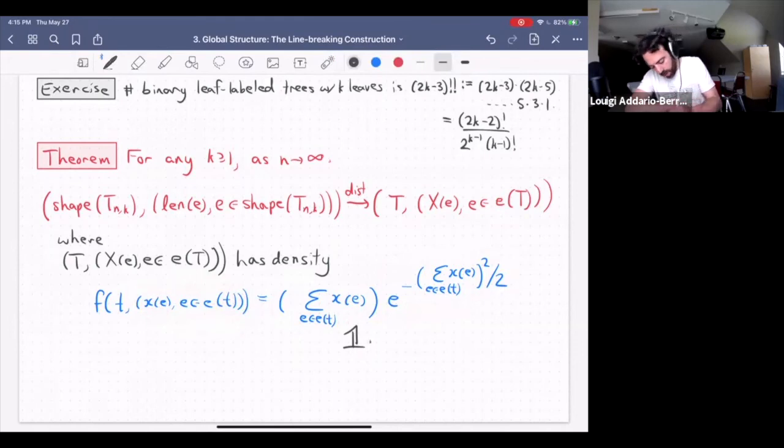But then the density only gives positive measure to trees which are binary with k leaves, and also all of the edge weights should be positive or non-negative.